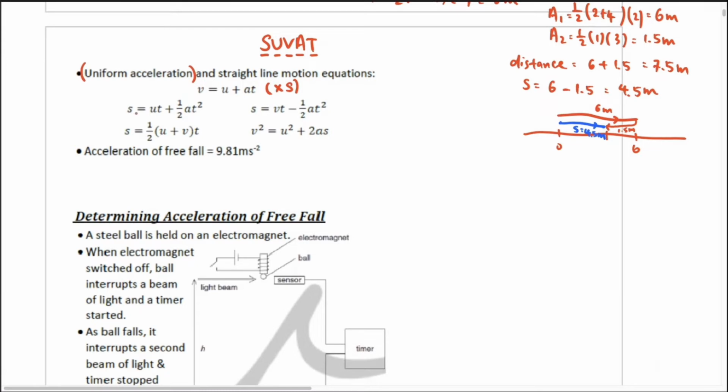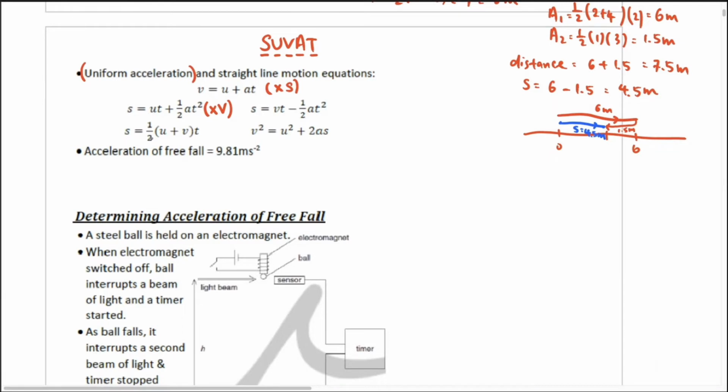The second formula, S equal to UT plus half AT squared. We use this formula when the final velocity, the V, is not given. They never ask and they don't give you final velocity, and then you use this.